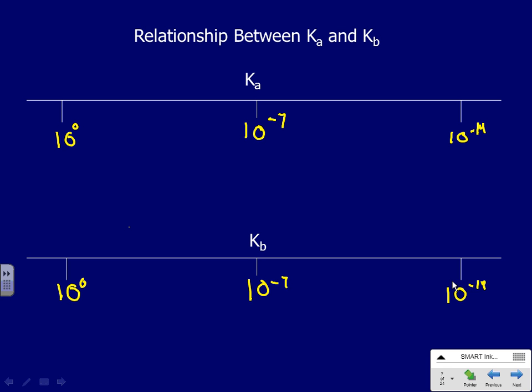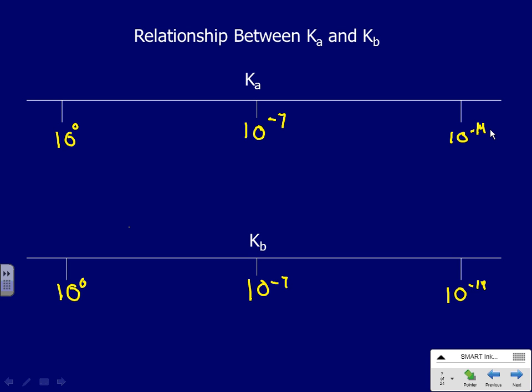All right? So right here in the middle, well, actually, let's go to the extreme. 10 to the negative 14 for a Ka, how would you describe that acid in terms of its strength? If it had a Ka that had a power of 10 that was 10 to the negative 14, how would you describe that acid in terms of strength?